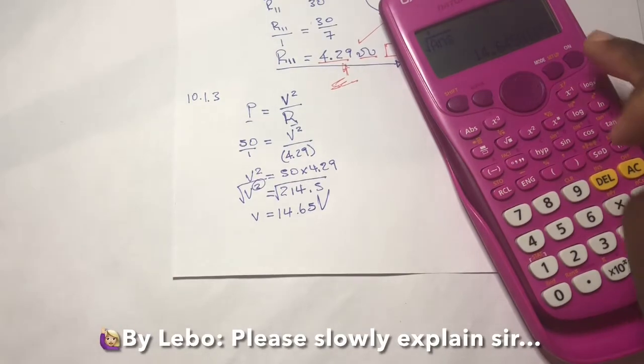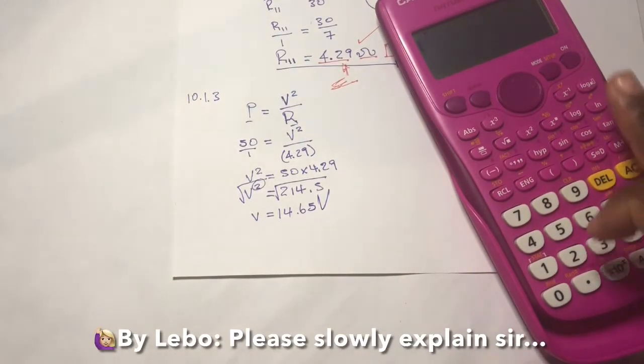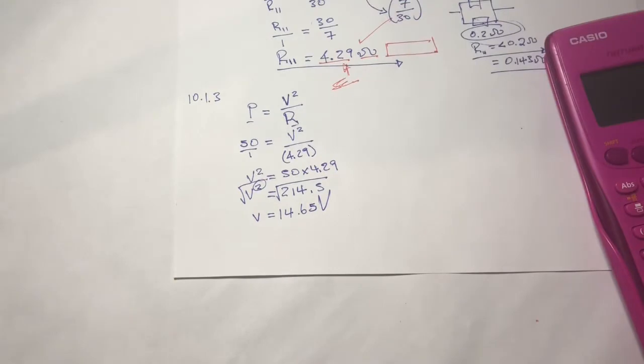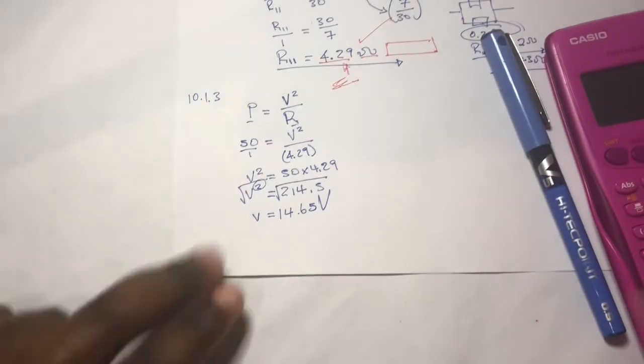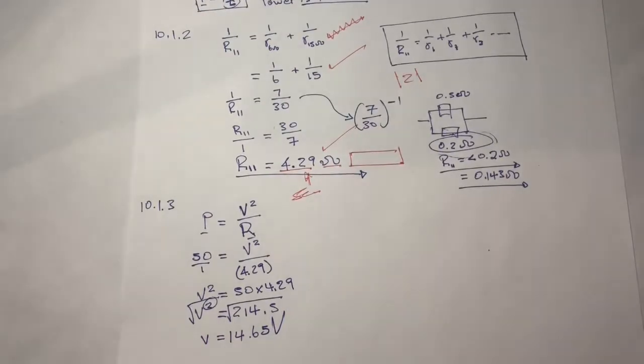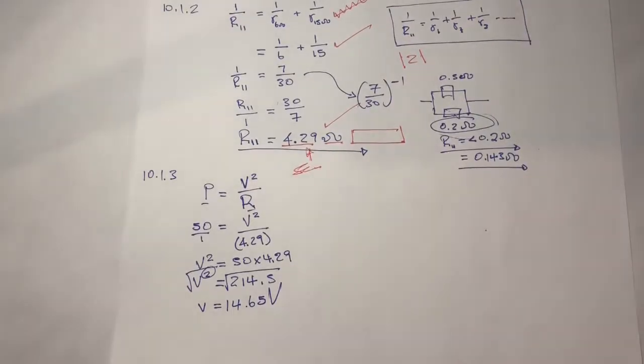So I'm not sure if I was too fast, guys, but I don't mind slowly explaining this question. Okay, so I think we'll just try to do the marking as we slowly explain this question.